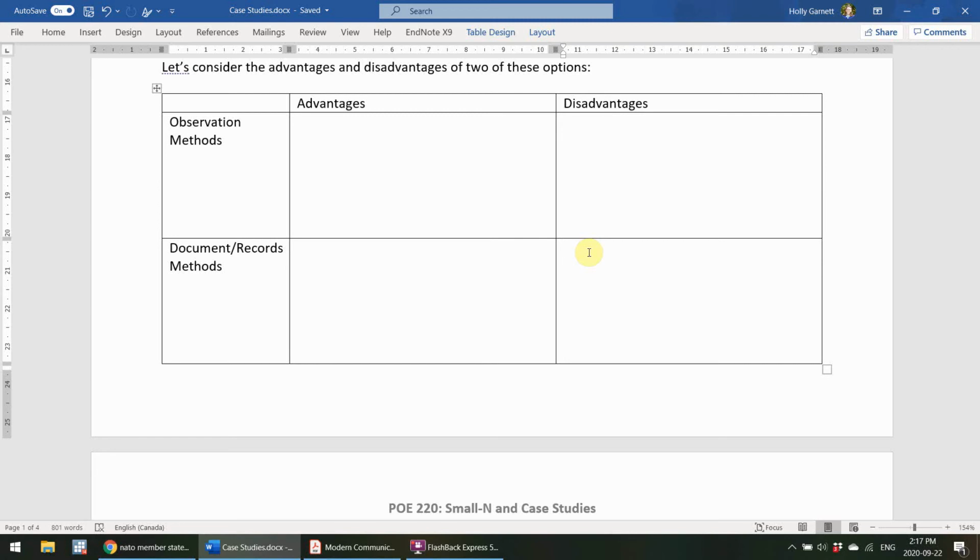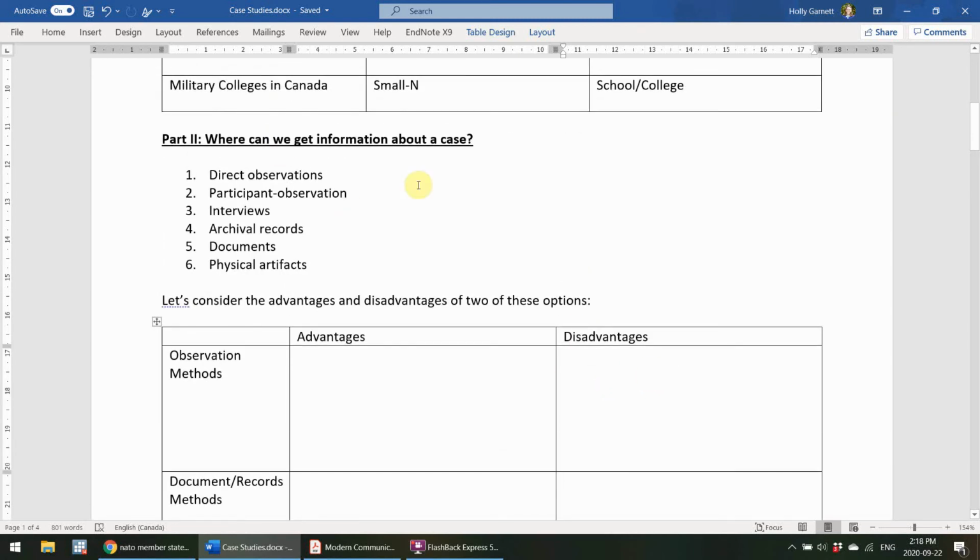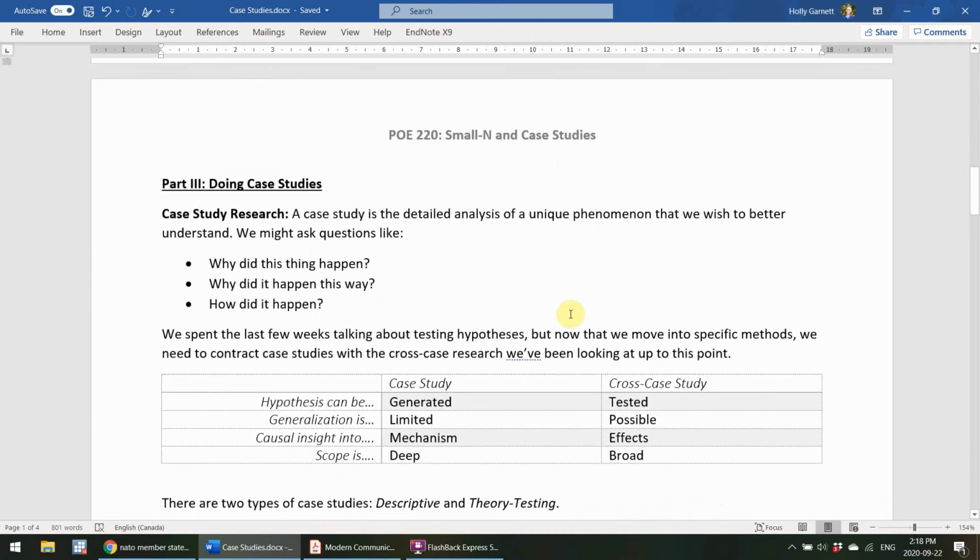There might also be issues of inequality in terms of whose voices get recorded over time, and also whether you have access to classified documents or other things that maybe you don't have access to as a researcher. So there are definitely disadvantages and advantages to each of these information sources about cases.